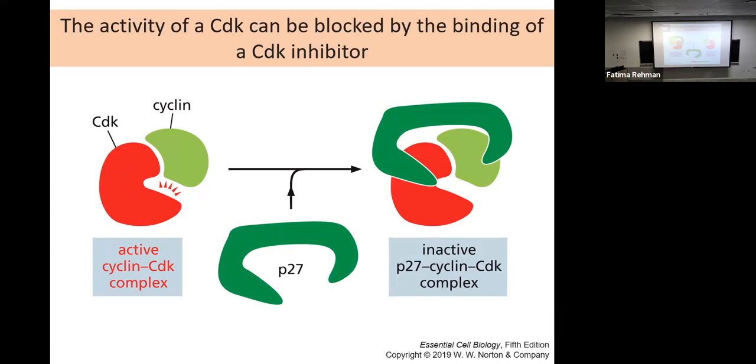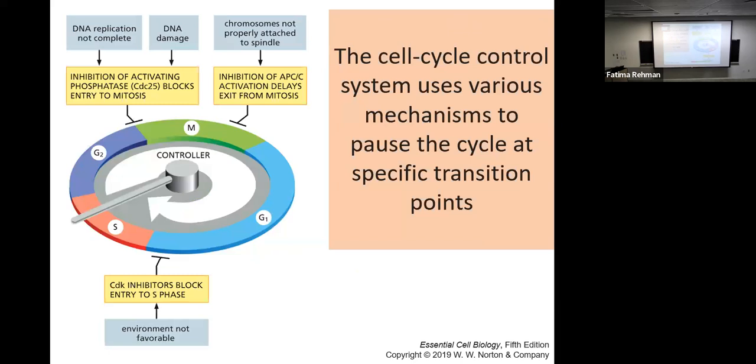The second step of control is production of these binding proteins, right? These secondary proteins that can activate or inactivate our cyclin-CDK complexes. Well, where do these come from? These come from specific transitional control proteins, what we call checkpoint proteins, that are going to control when things should happen.